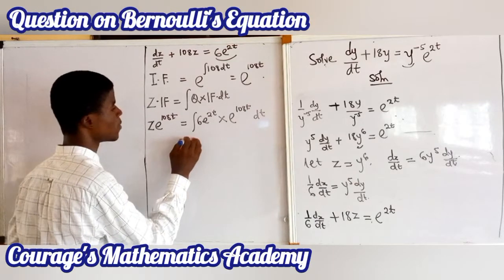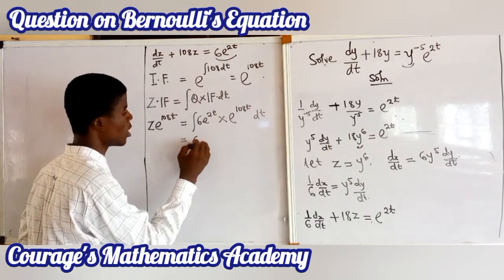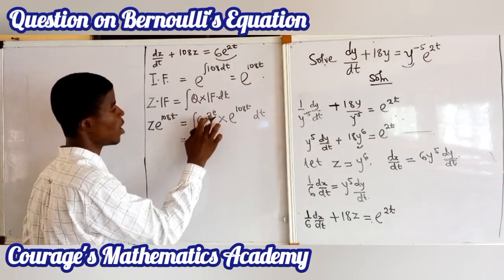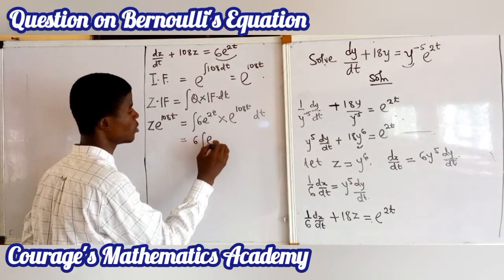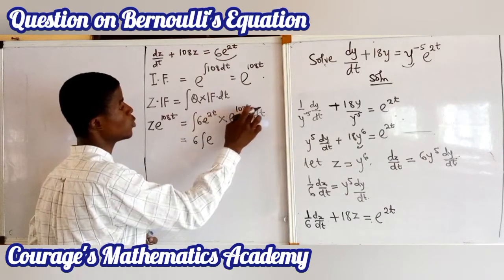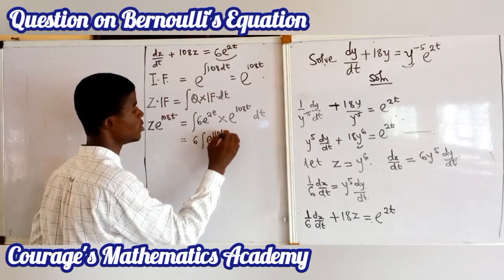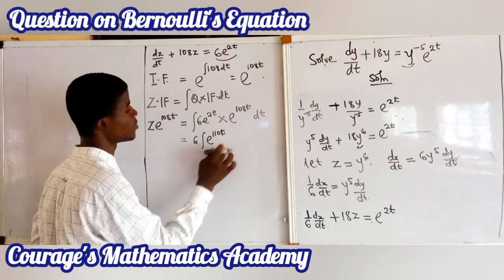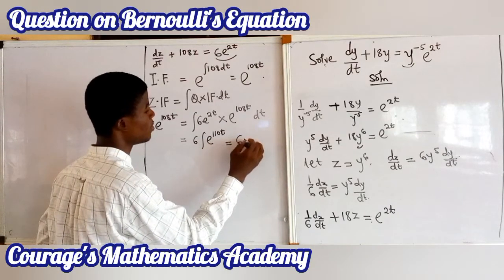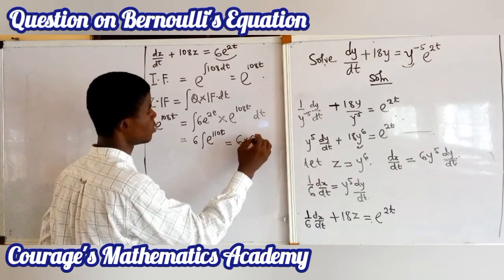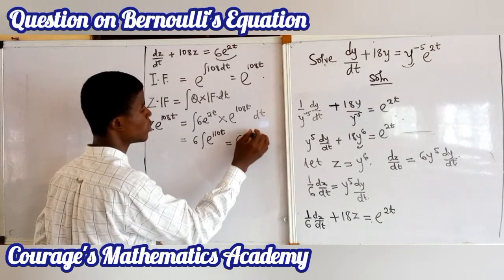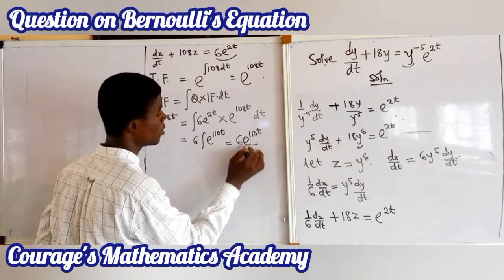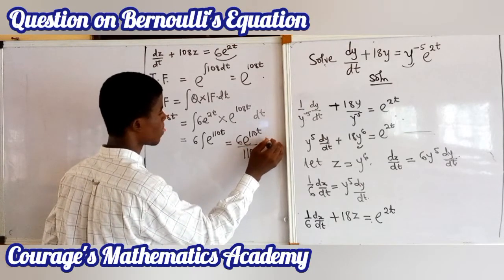So let's solve this. 6 is a constant, so it comes out. We have e to the power of 2t times e to the power of 108t is e to the power of 2t plus 108t, that's 110t. So integrating this expression, we have 6e to the power of 110t over 110 plus c.